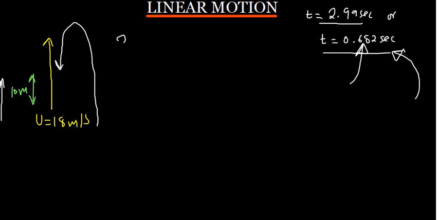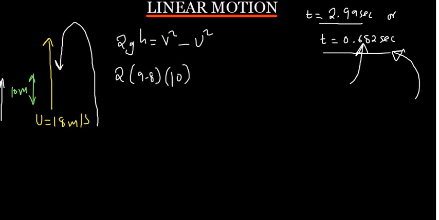So let's use 2gh equals v squared minus u squared. This is going to be 2 times g, which is 9.8, times h, the height we want to cover, which is 10. Now we are going up, so expect this to be negative, and that is equal to the final velocity, which we want to determine, v squared, minus the initial velocity 18 squared.